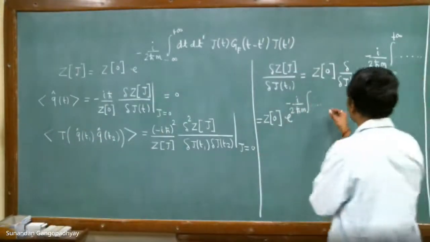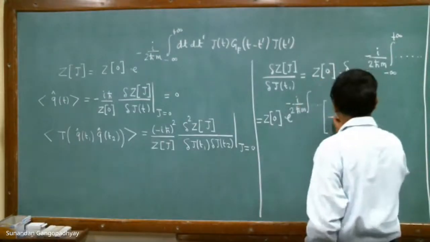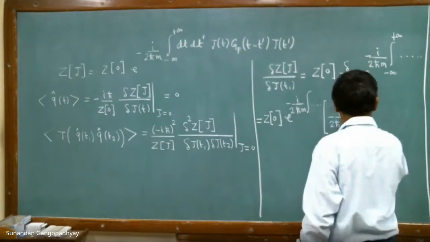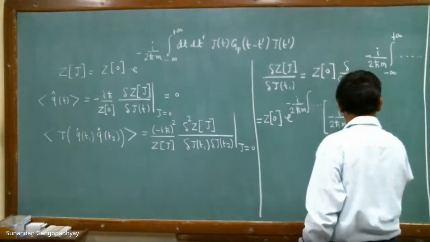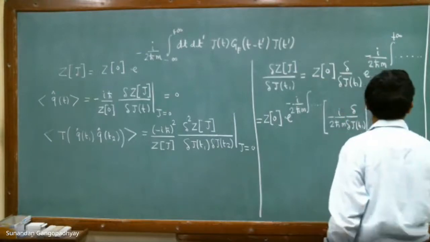The exponential factor will be there. And then we will have this multiplied by minus i by 2 h bar m, del J t1 of this integral.